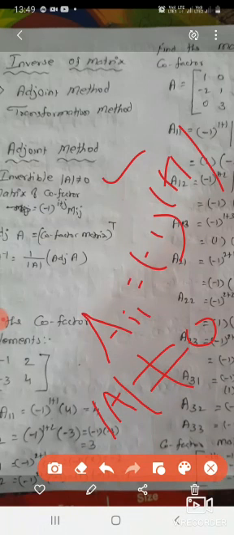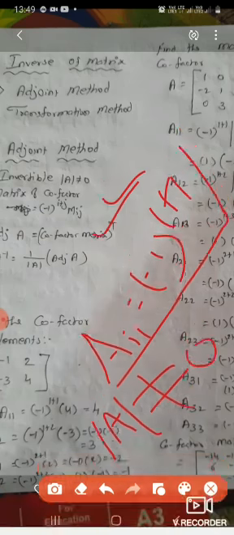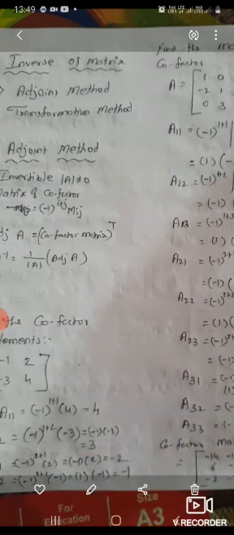After getting the cofactor, you find its transpose, which is called the adjoint of the given matrix. After finding the adjoint, A inverse is equal to this formula. You are going to get the inverse of any matrix directly.